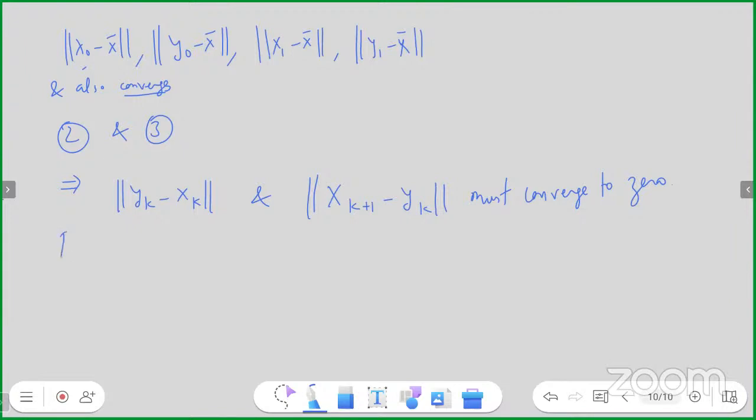So by definition of X star, subsequence of xk converges to the limit point X star.